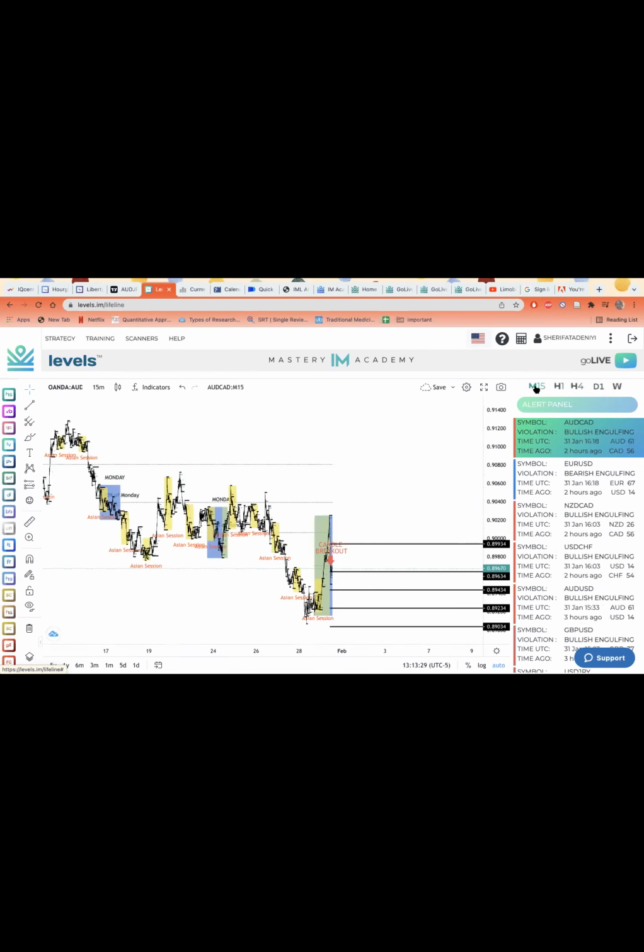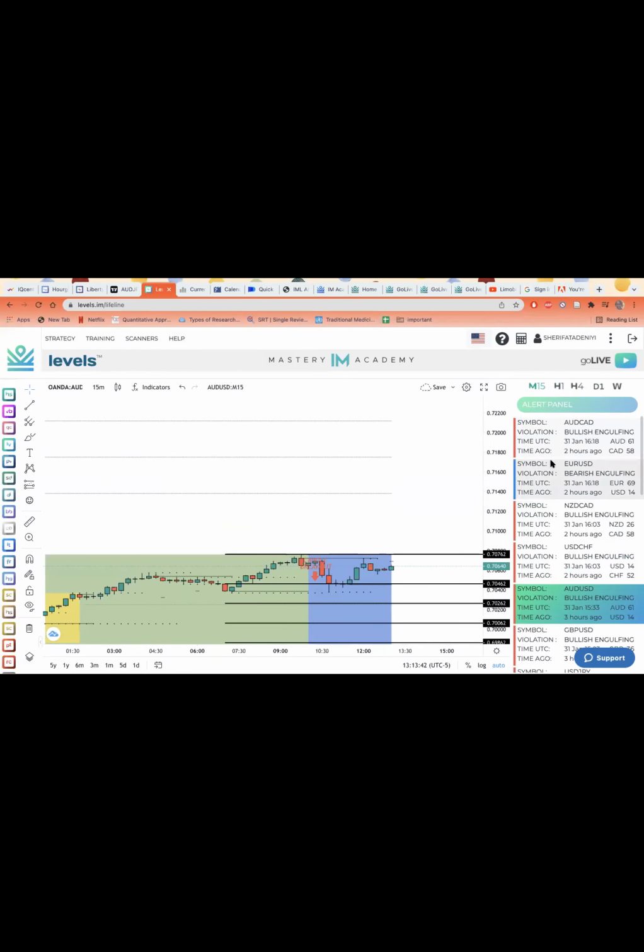So usually on levels, what you want to do is, first of all, set on your notification. So you go to help, so that way, whenever there is a trade idea, because you see these guys here, these are different trade ideas. So once you set on your notification, what happens is that whenever there is a trade idea on this app from any of our educators, you would literally get an email, right?